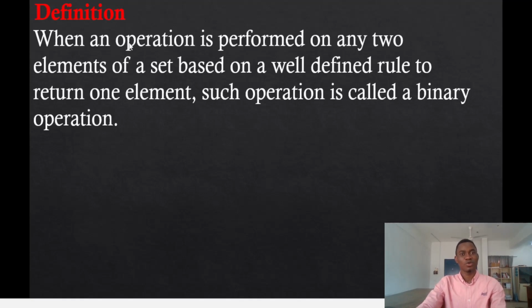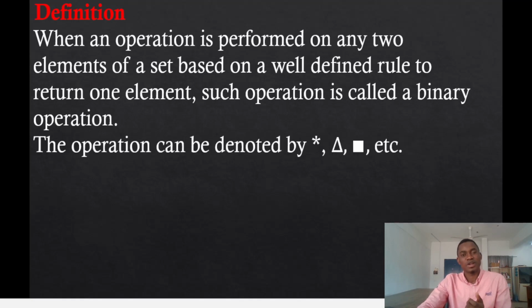Definition. When an operation is performed on any two elements of a set based on a well-defined rule to return one element, such operation is called a binary operation. Let's read further.